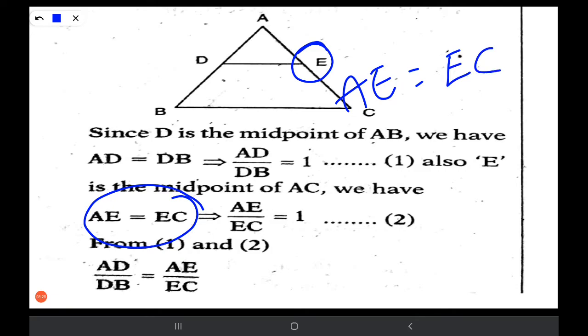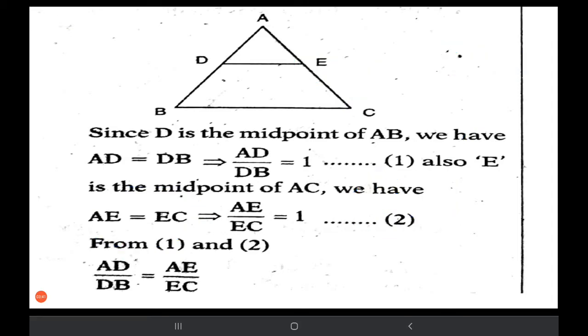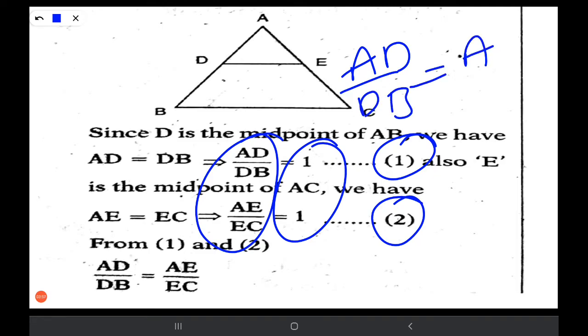Same procedure: if you bring EC to the denominator, AE by EC becomes 1. This is equation 2. If you compare equation 1 and 2, both the RHS parts are the same, so we can equate the LHS parts. That gives AD by DB equals AE by EC.